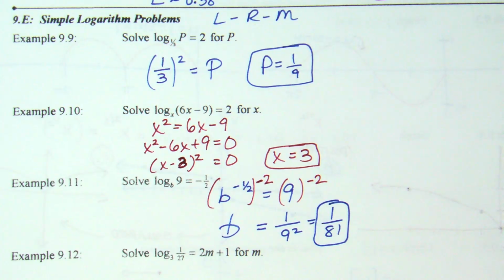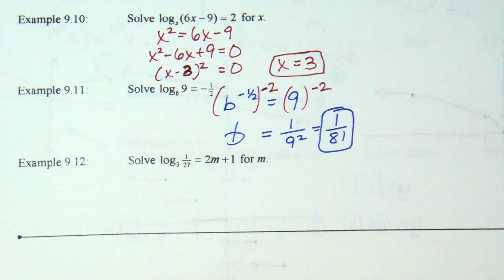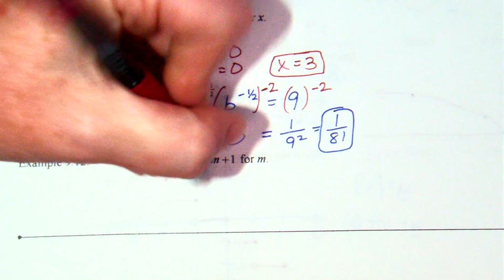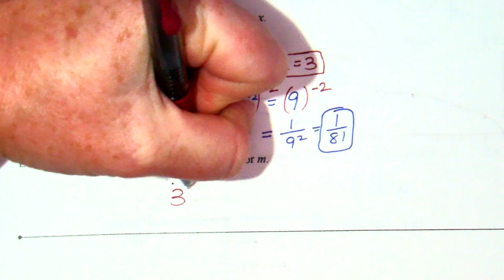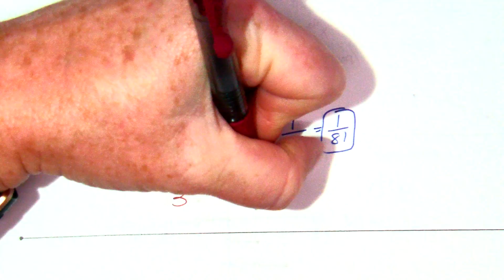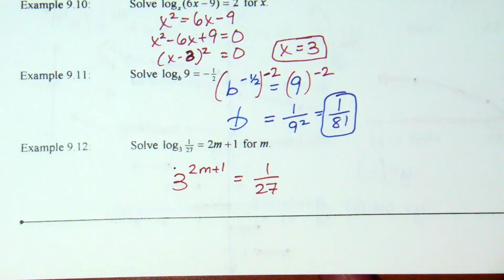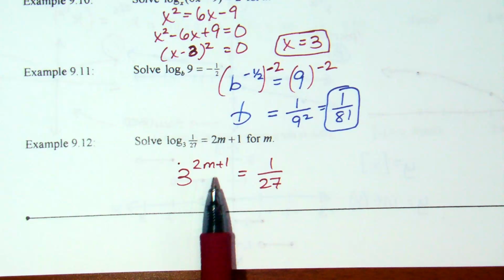So, example 12. 3 to the 2m plus 1 equals 1/27. Here's another skill. It's been a year. We've slept a lot since then. I have a base of 3 on the left.